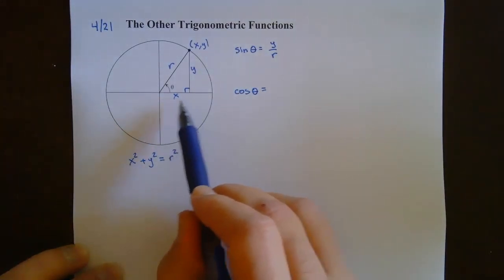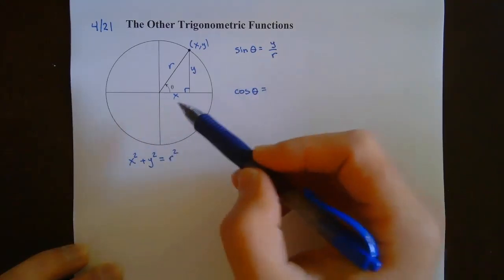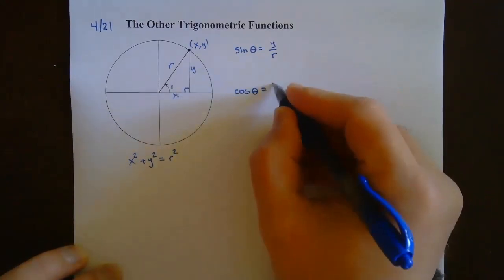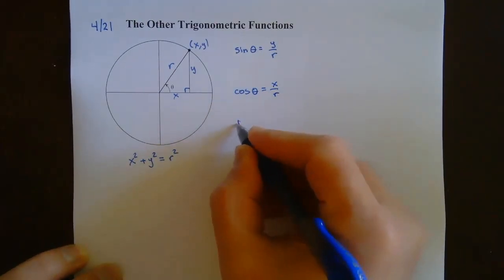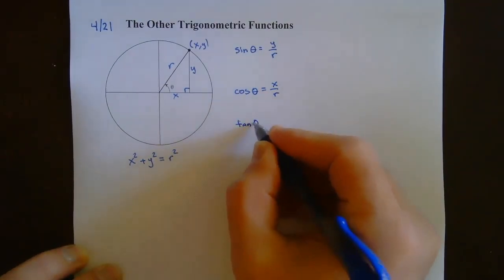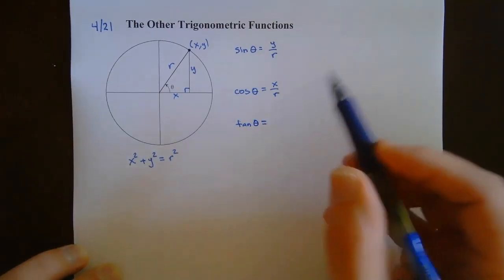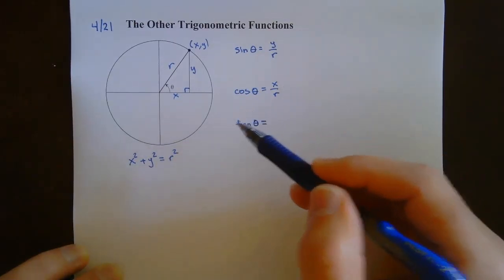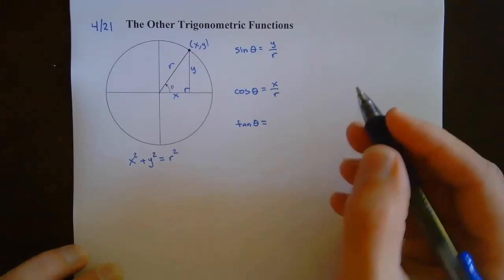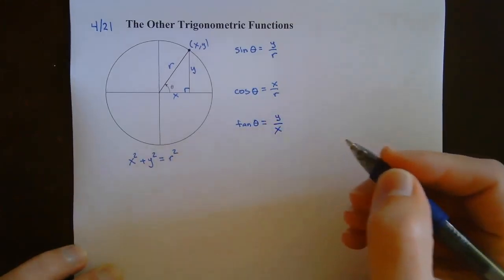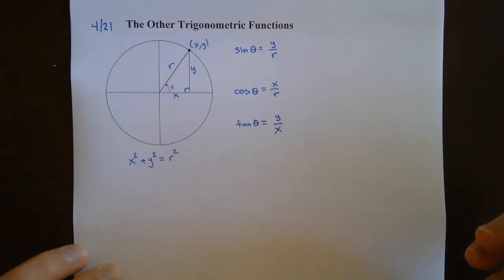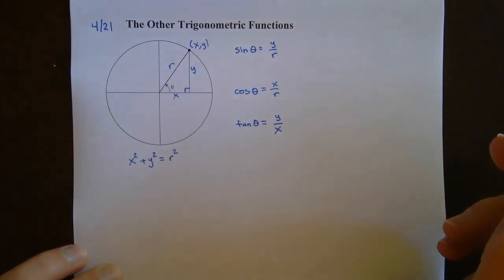Your x will always be the adjacent leg now, and your hypotenuse is r, so that'd be x over r. And then tan of angle theta is your opposite over your adjacent legs, and that would always be y over x. Okay, so that's the 3 trig functions we went over yesterday.